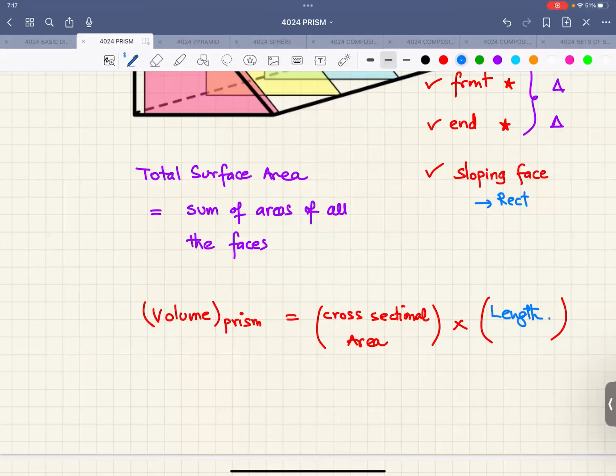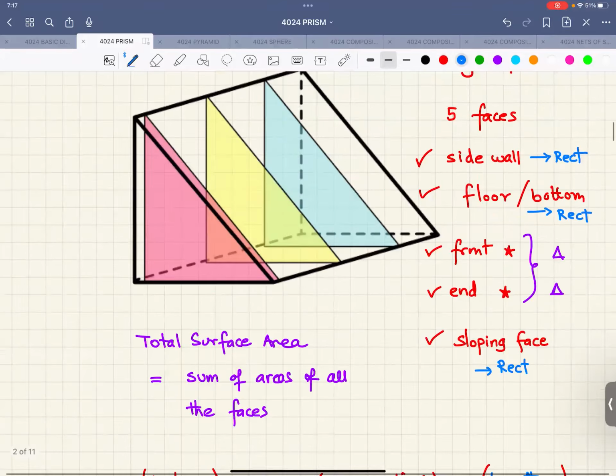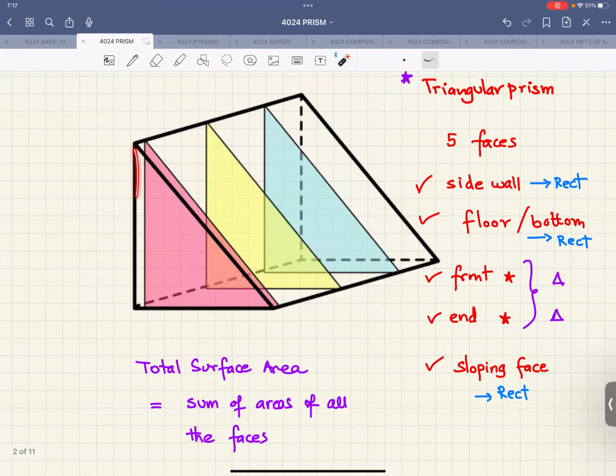Now, it's a matter of perspective. If we are seeing it like this and it's lying down, then this is the length over here. It's starting from here, going all the way till the end. And then this one is the cross-sectional area. And that's how we get the volume.